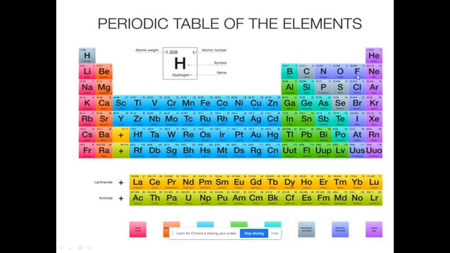Halogens are fluorine, chlorine, bromine, iodine, astatine. These are very reactive non-metals, very colorful, corrosive. As we already know, the name halogen means salt former.